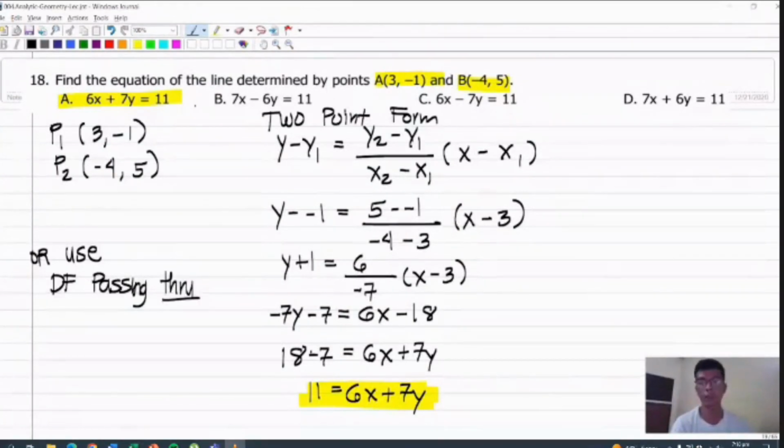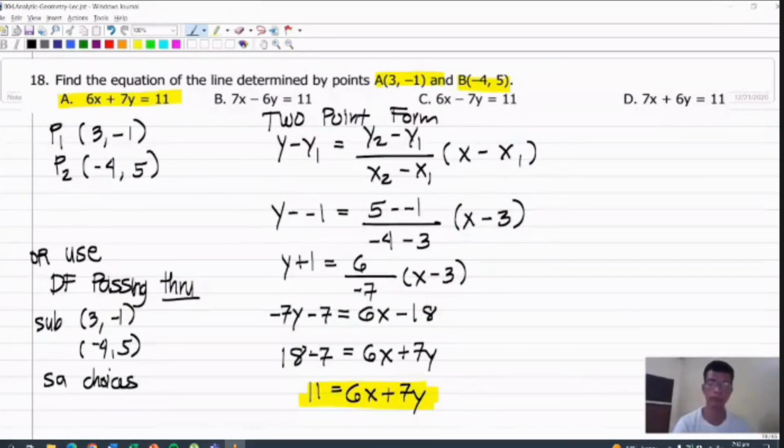Sabihin nyo lang kung sinong equation magsasatisfy kapag sinubstitute nyo yung 3, negative 1, at saka negative 4 and 5 sa mga choices. So, sino sa kanila yung mag-equal to 11.